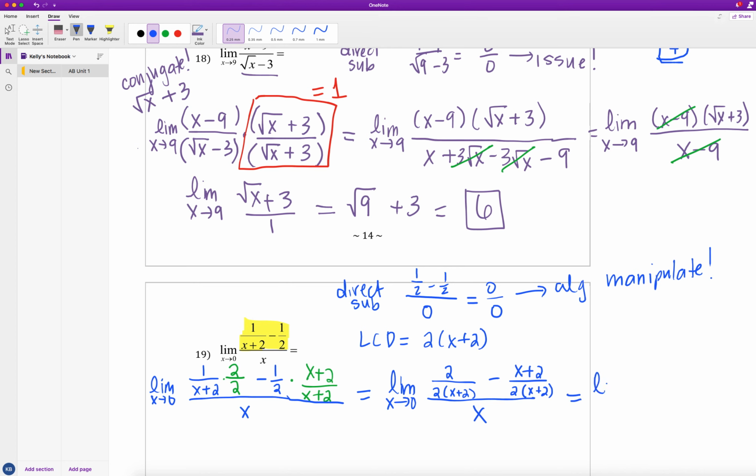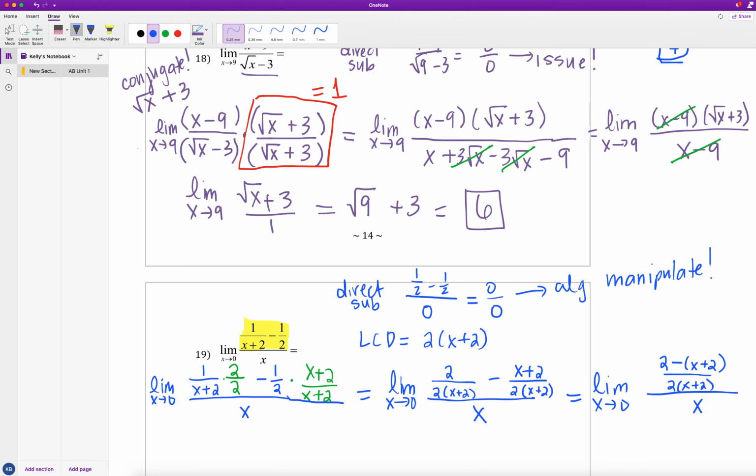And now that I have a common denominator, I can go ahead and rewrite this numerator so that I have all of this over my LCD, since I have 2 times x plus 2 and a 2 times x plus 2. And in the numerator of my top part of my fraction, I'll get 2 minus, don't forget about these parentheses here, since that negative sign is technically subtracting off the entire x plus 2 quantity.